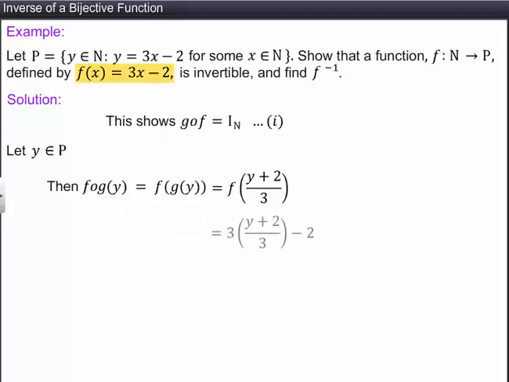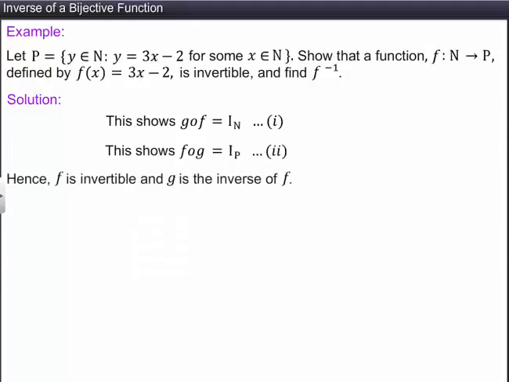And by the definition of function f, this is equal to y. This shows f circle g is an identity mapping from P to P. So, from equations 1 and 2, we can say that f is invertible and g is the inverse of f.